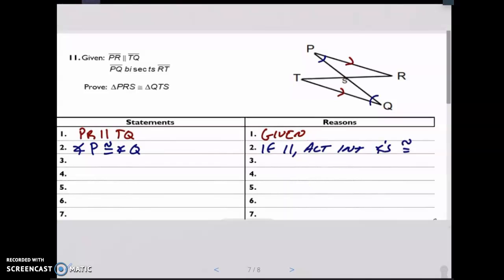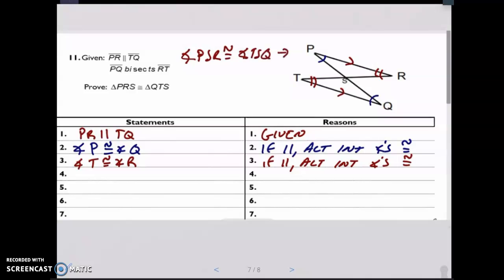So now you could get T congruent to R as well. Or you could use vertical angles. It doesn't matter what you do. So I'm actually going to get T congruent to R for the same reason, because if parallel, if you wanted to, you could say angle PSR is congruent to angle TSQ because of vertical angles.